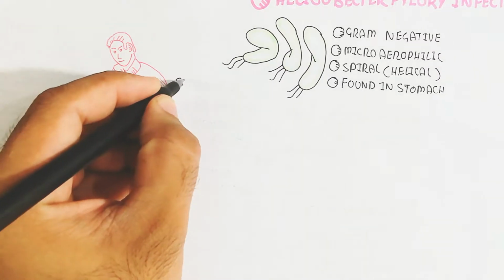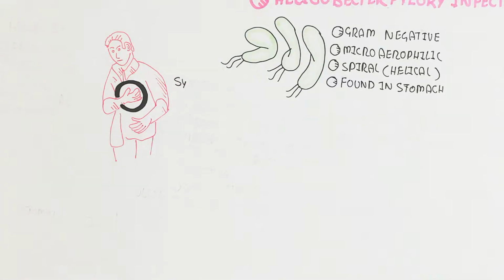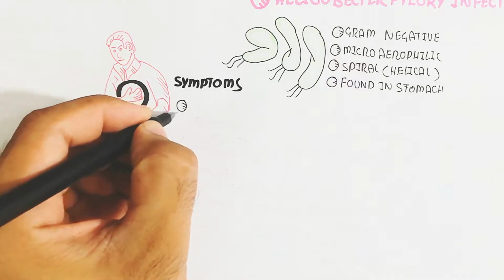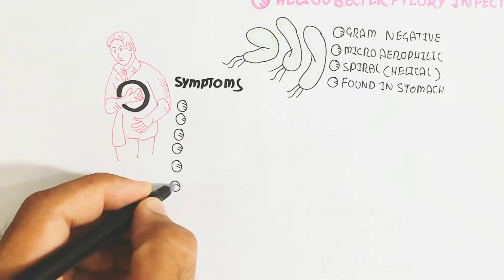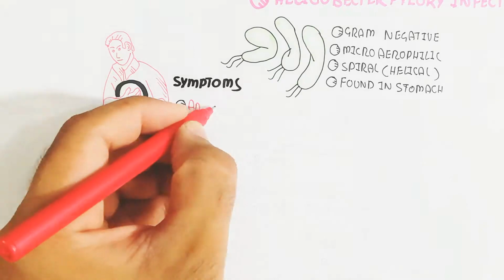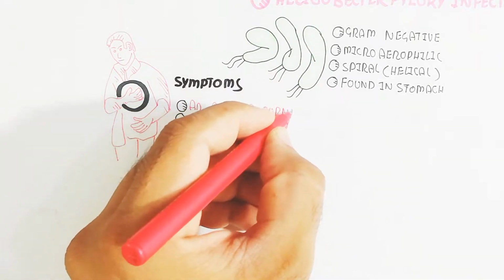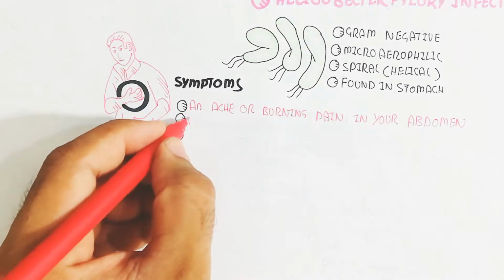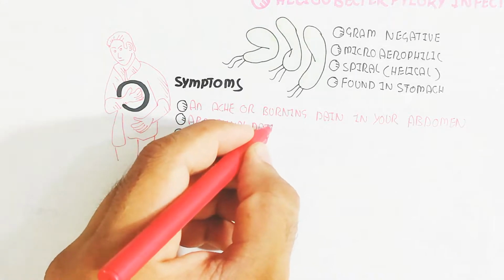And what is the infection type? Let's begin to understand the symptoms of Helicobacter pylori infection. It can be an itchy or burning pain in your abdomen, and the abdominal pain is worse when your stomach is empty.